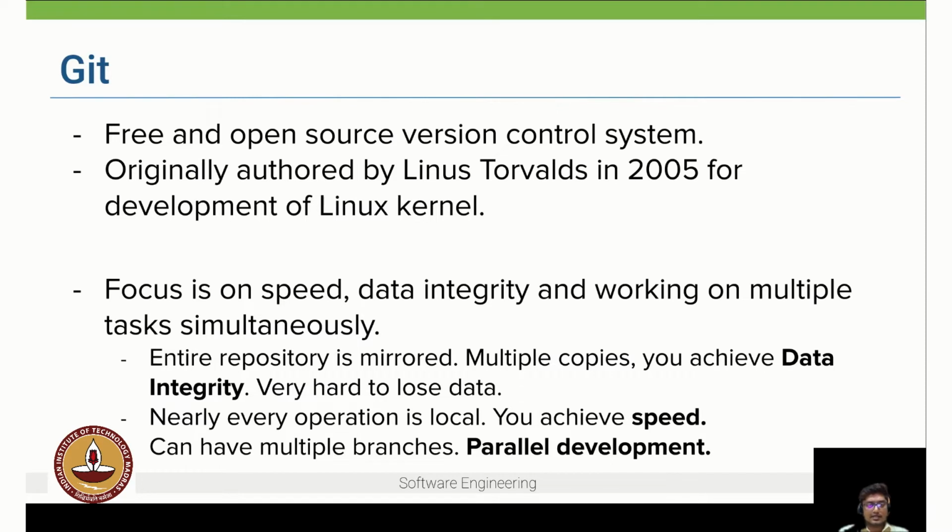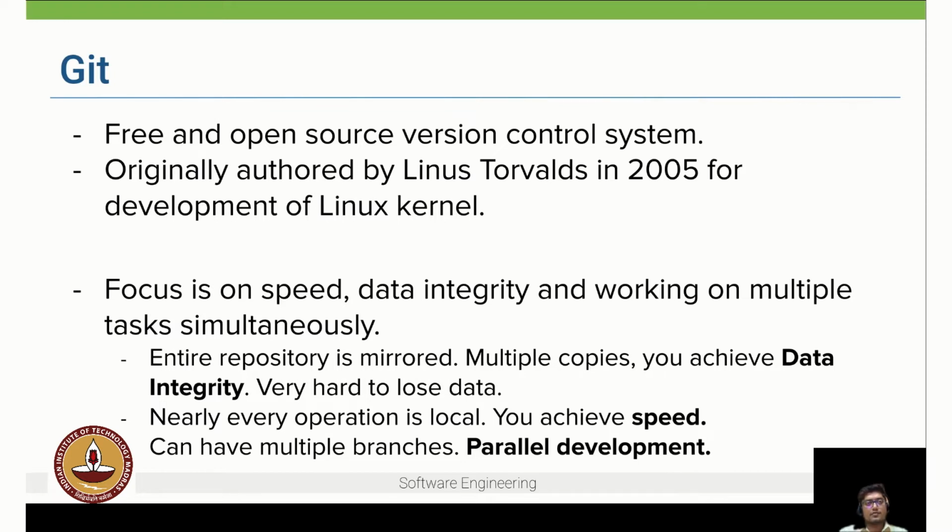The focus of Git is on speed, data integrity, and working on multiple tasks simultaneously. How are these achieved? Let's see. We already discussed that the entire repository is mirrored locally. So if you have multiple copies of the repository, you achieve data integrity, and it's very hard to lose data because you have multiple copies. Now the second point is nearly every operation is local because everything is mirrored, including the change history.